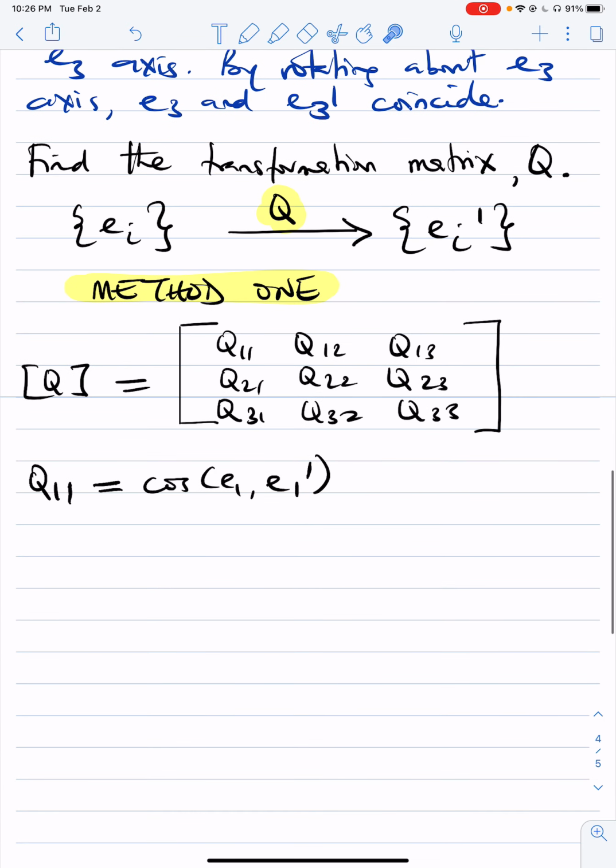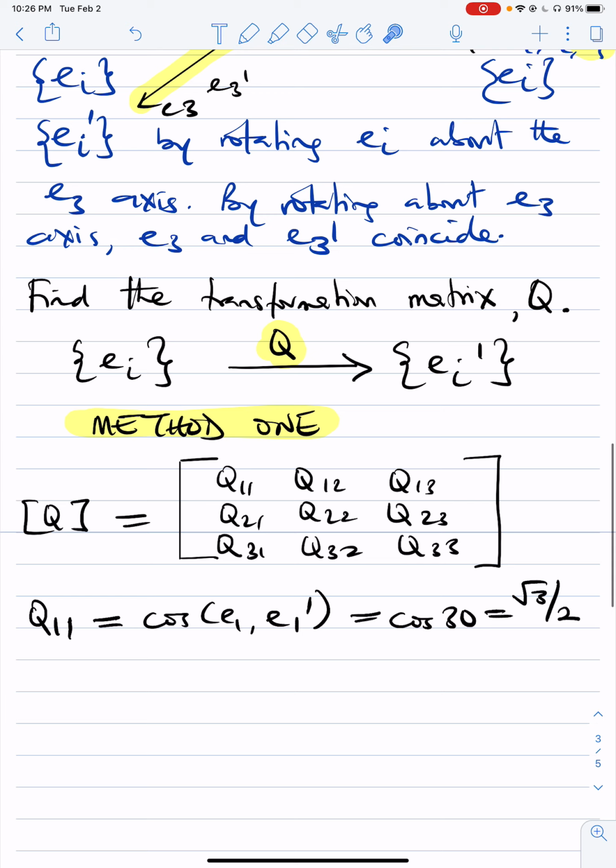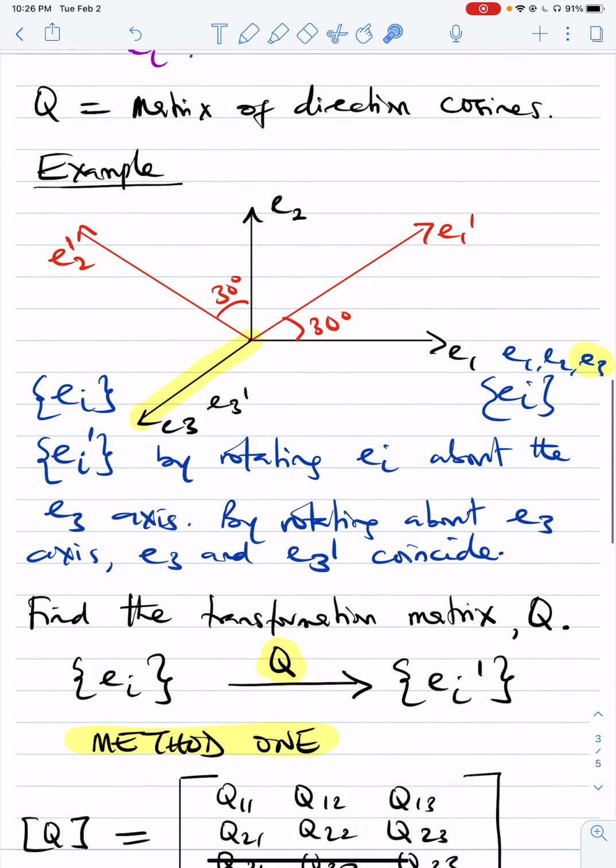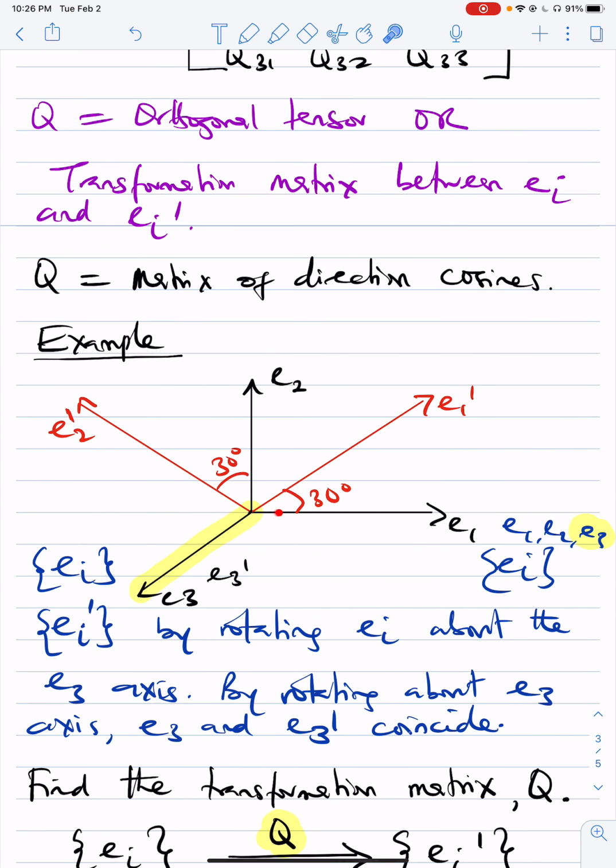So for this first one, the angle between E1 and E1 prime is simply cos 30, which I believe to be root 3 over 2. It's very simple actually. Q11 is the angle between E1 and E1 prime, which is 30, and you find the cos of that. Next you do the same for E1 and E2 prime.